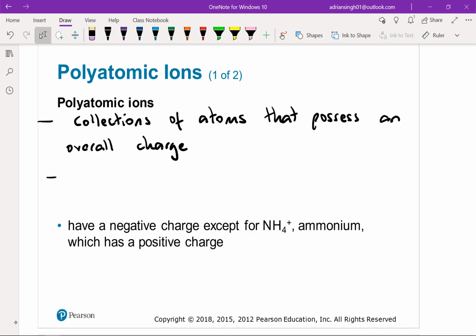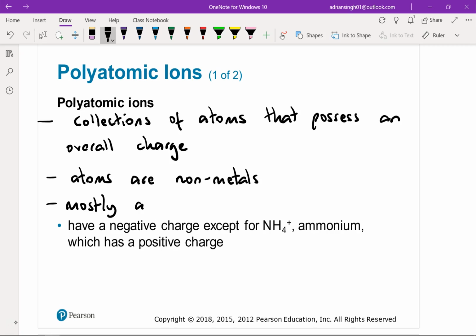And these atoms are going to be all nonmetals. And the vast majority of these polyatomic ions are mostly going to be negative, so they're mostly going to be anions, with the exception of one important cation, and that's NH4 with a positive charge, which is called the ammonium.